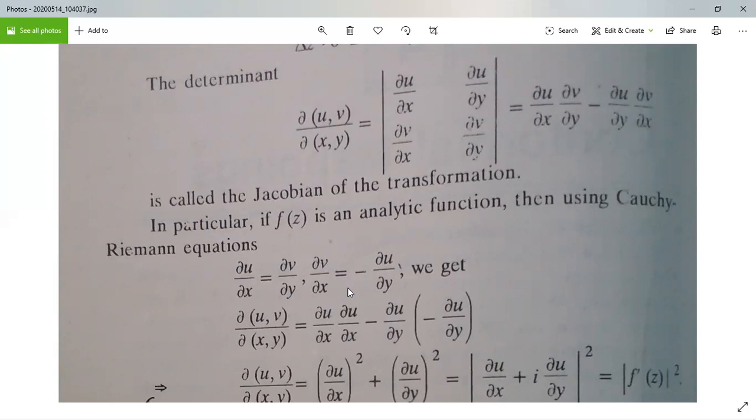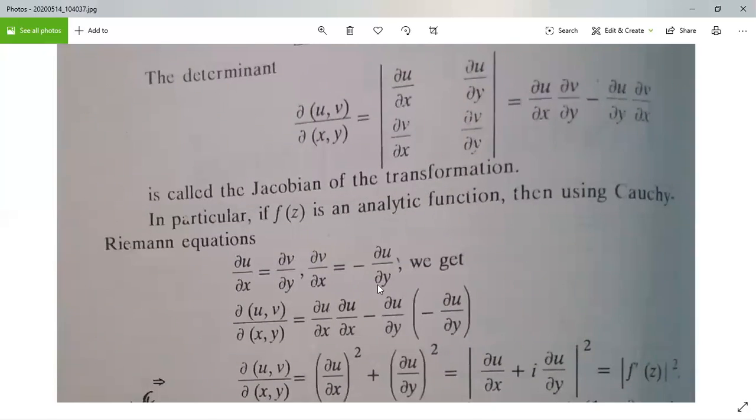Similarly, del v by del x equals minus del u by del y, so we can write that in its place. Multiplying, the minus becomes positive.